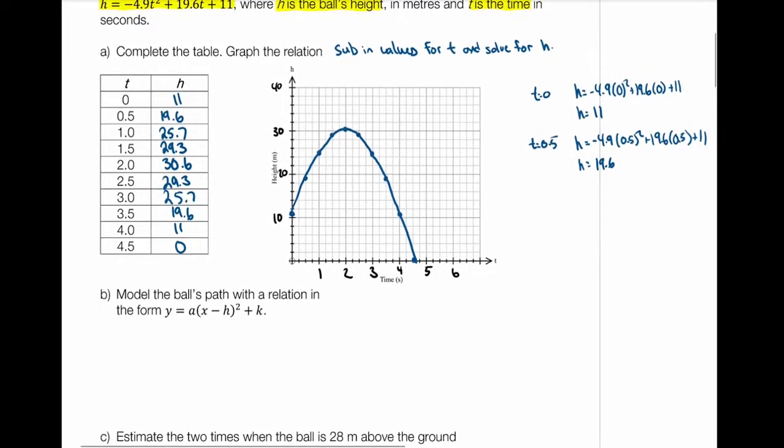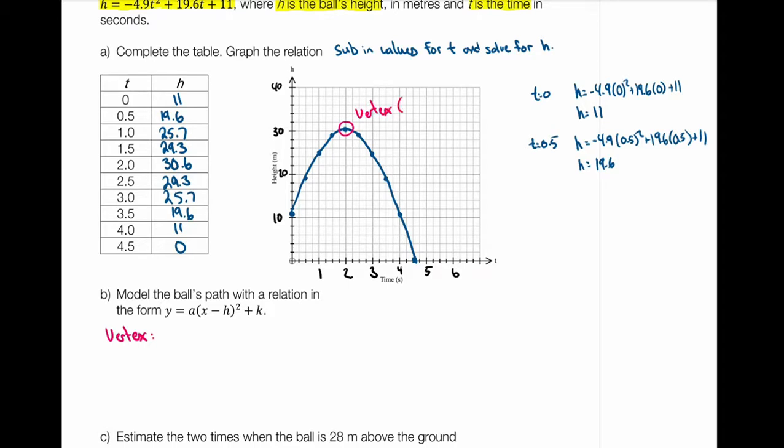Now I want to model the ball's path with a relation in the form y equals a times x minus h squared plus k. So what I want to do is come up with an equation for this parabola in vertex form. And with vertex form, the first thing I need is my vertex. Luckily, because I've already graphed it, I can see where my vertex is.